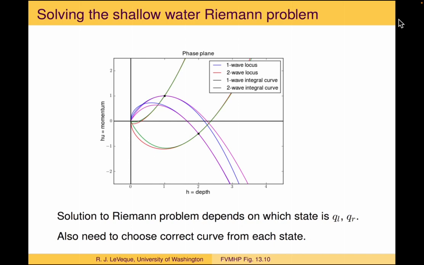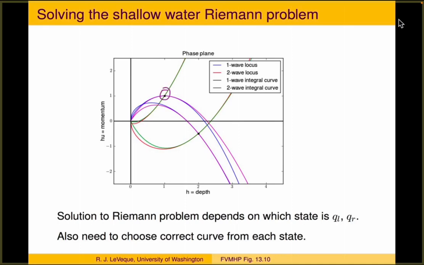So if we want to solve a Riemann problem for the shallow water equations, if we now have two states, q left and q right, then if those two states are here and here, and I'm not saying which one is q left and which one is q right, but depending on which one is which, we would want to find an intermediate state that goes first from q left along a one-wave curve to some middle state, and then from that point along a two-wave curve to get to q right.